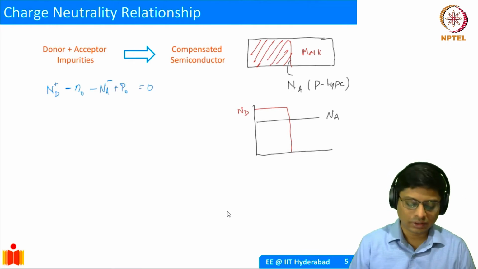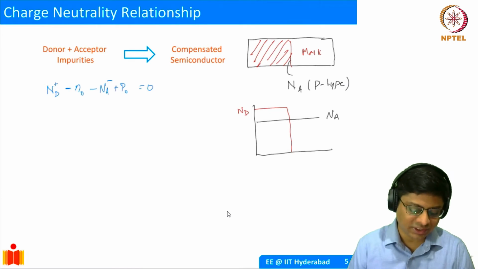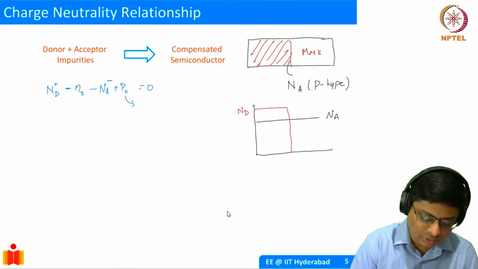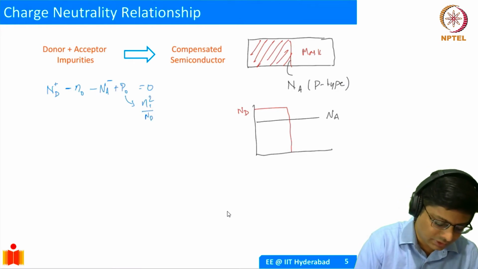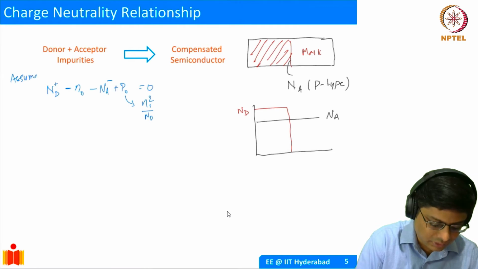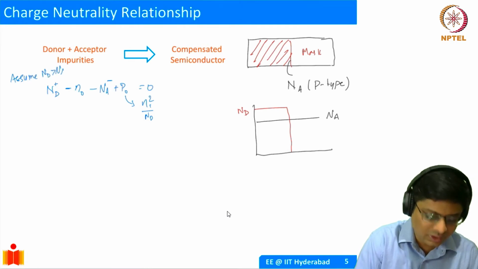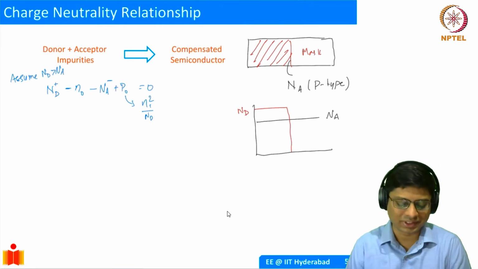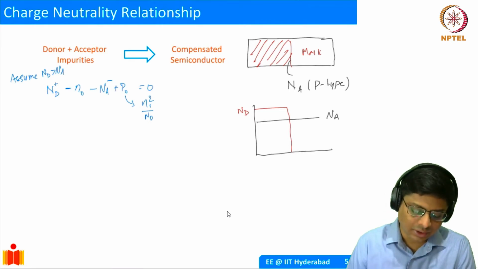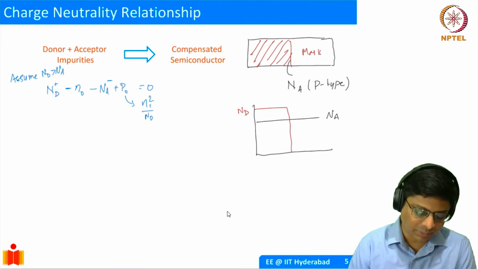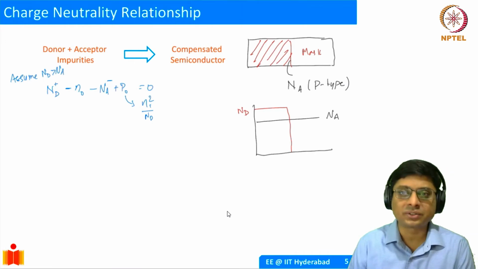We also said that since it's in equilibrium, p naught is going to be Ni square by Nd. I'm assuming that Nd is greater than Na, so the majority carriers are electrons. So I can put p naught equal to Ni square by n naught.